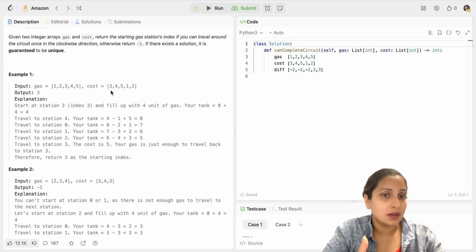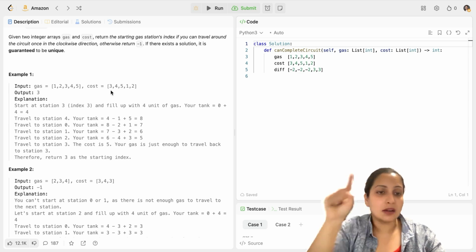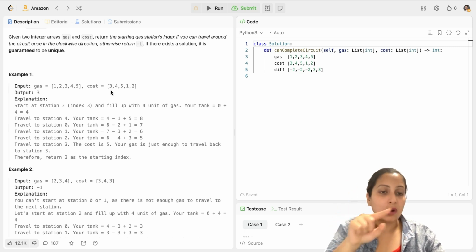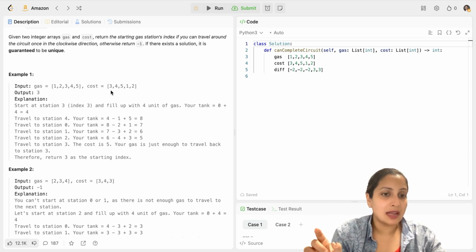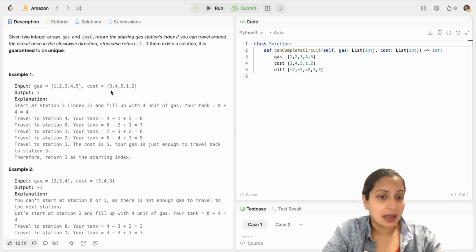If your cost is more while the gas you have is less, at that time you cannot proceed and you will run out of gas. So you have to take the entire clockwise round or circuit around the gas stations, starting from any one gas station, and not run out of gas. That's your question. So you have to return the starting index of that gas station that makes all of this possible. Okay. So how to find that gas station?